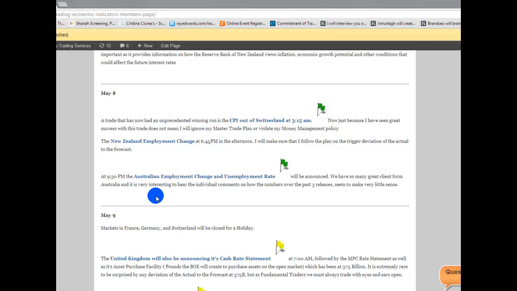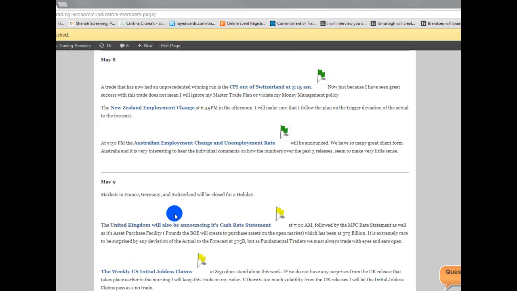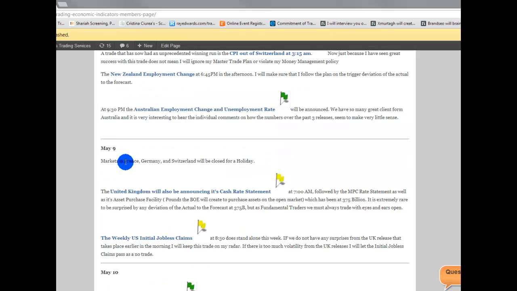So let's preview the rest of the trades. We have the Australian employment change, which will be coming out. Then again, we have another holiday in Germany and Switzerland, so I'd want to stay on the side. That's why I have these yellows.